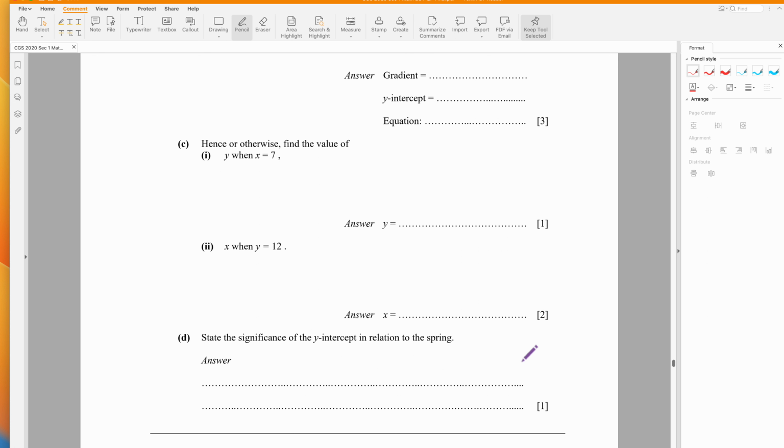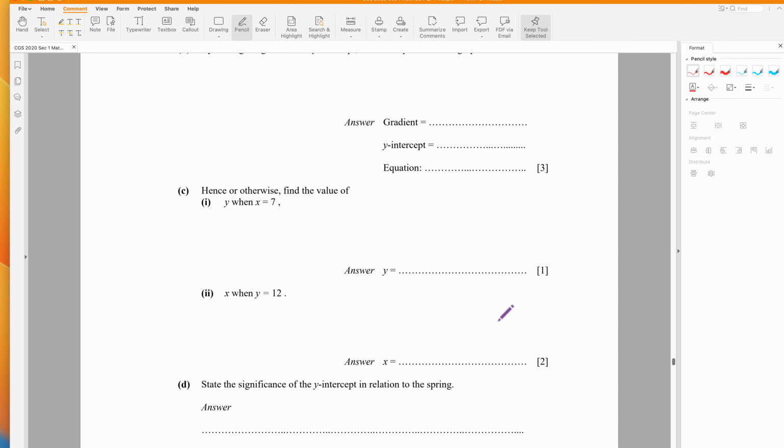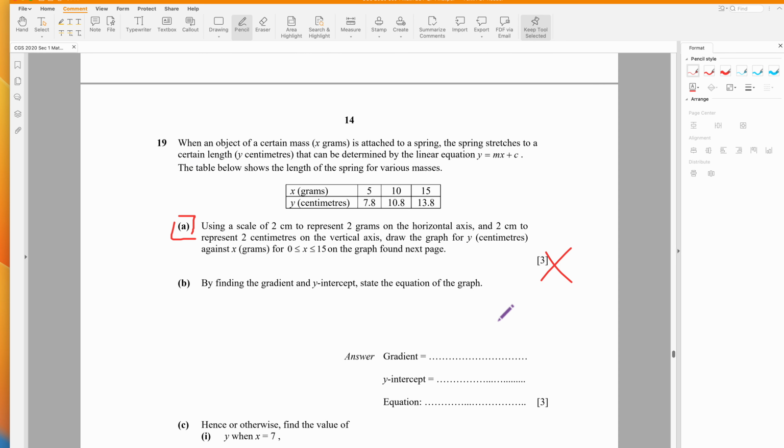The significance of gradient is that it represents the rate of change.